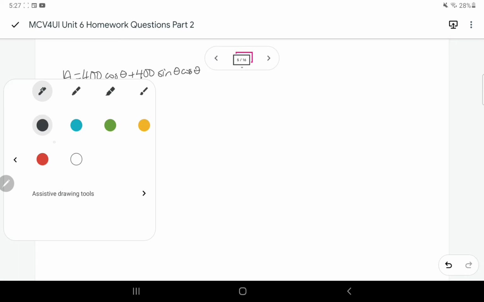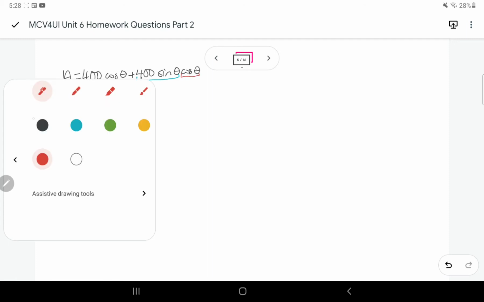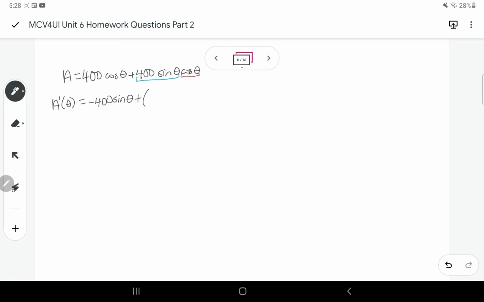And then in the second part, I have a product rule. I'm going to lump the 400 sine theta and then the cos theta and do product rule with those. So I get the first, 400 sine theta, times the derivative of the second, negative sine theta, plus the second, cos theta, times the derivative of the first, 400 cos theta.